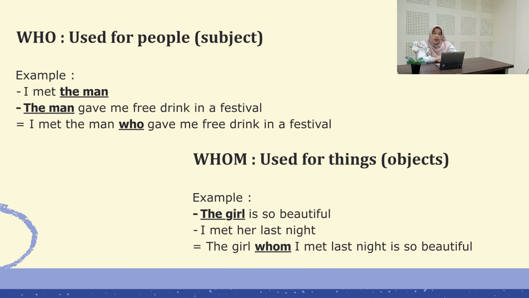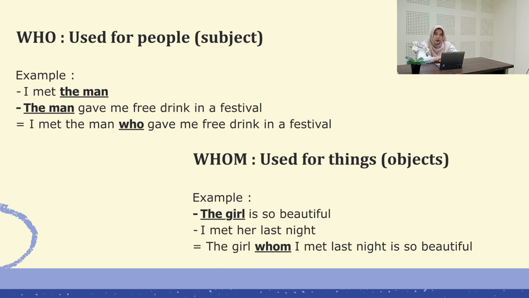Now, I would like to explain the relative pronouns one by one. The first is who. It's used for people as subject. I'll give you two clauses, please combine them into one. The first is I met the man. And the second clause is the man gave me free drink in a festival.